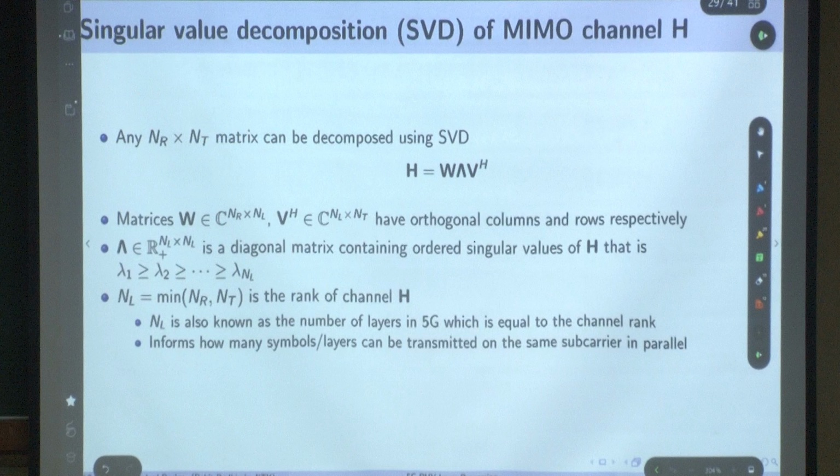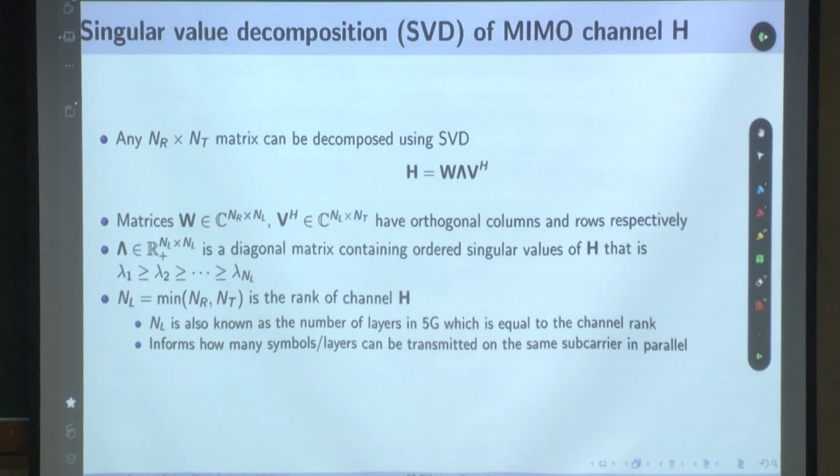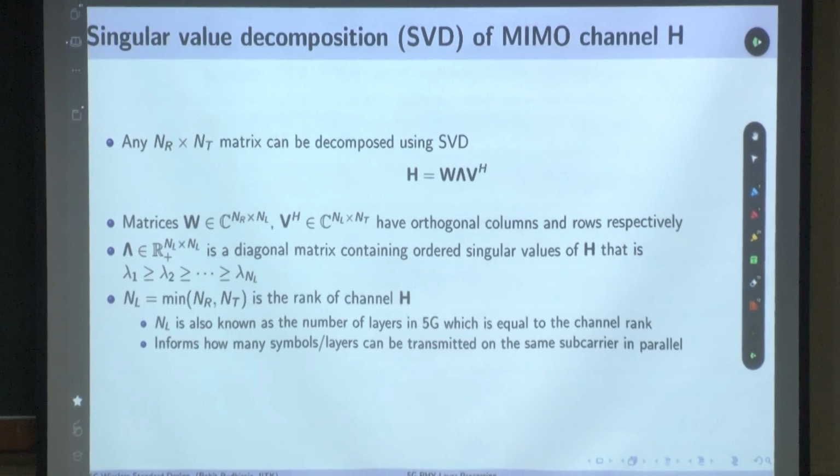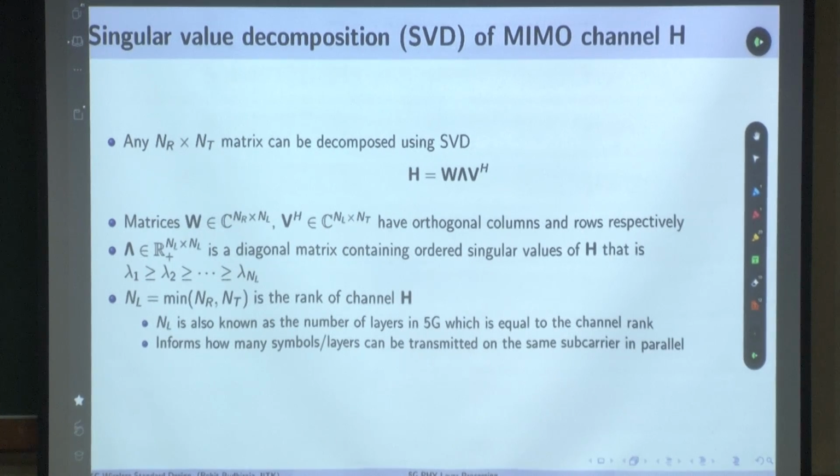So NL, the standard uses a specific term, called layers. That is why I wrote NL: the number of layers, which is equal to the channel rank. For the systems we have considered, multiple transmit antennas and a single receive antenna, the number of layers was 1, correct.